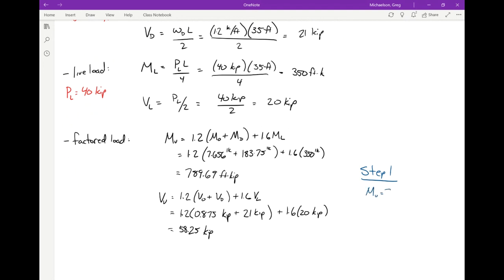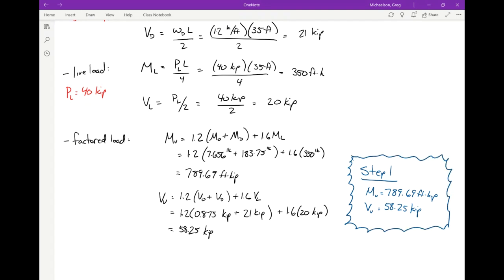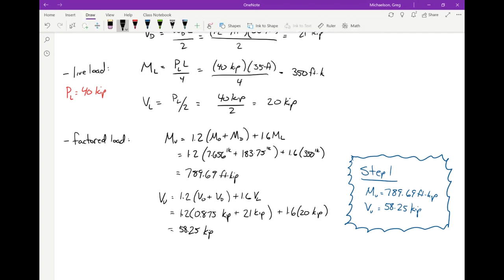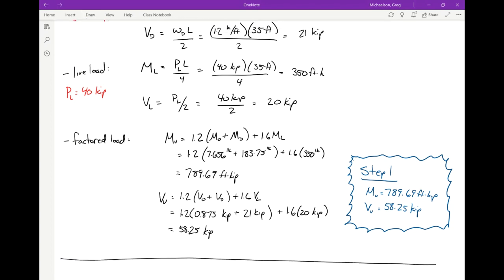MU is 789.69 foot kips, and VU is 58.25 kips. I'll give everybody a sec to catch up on that.